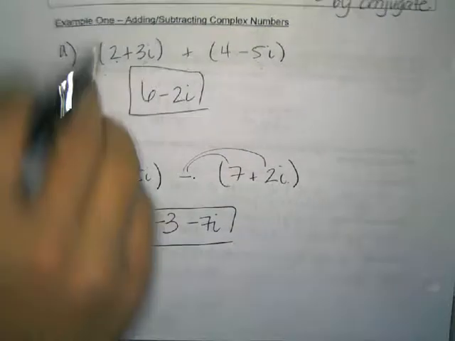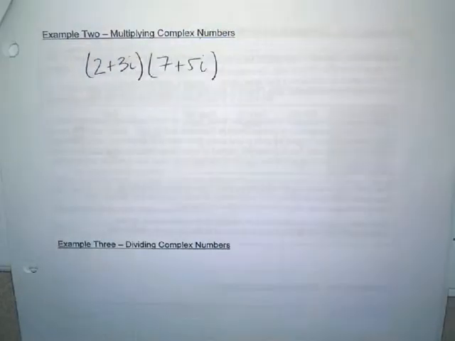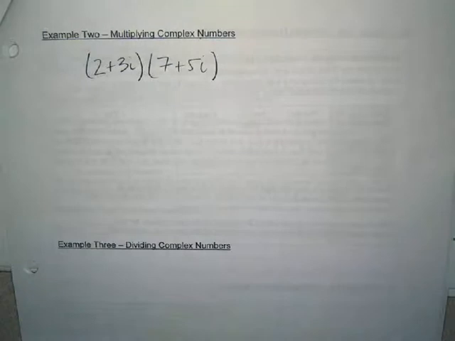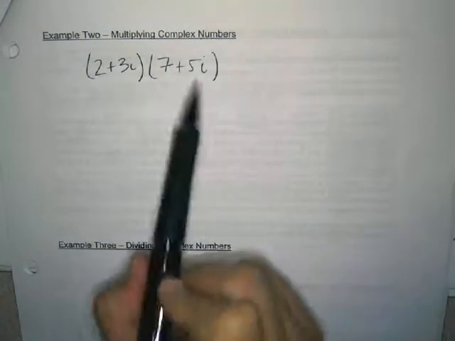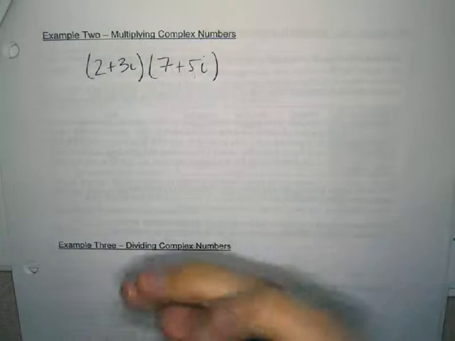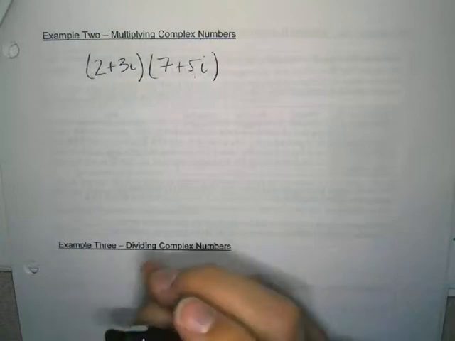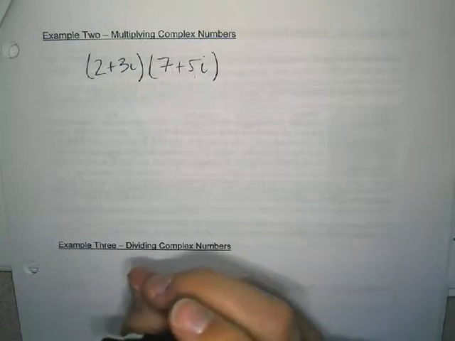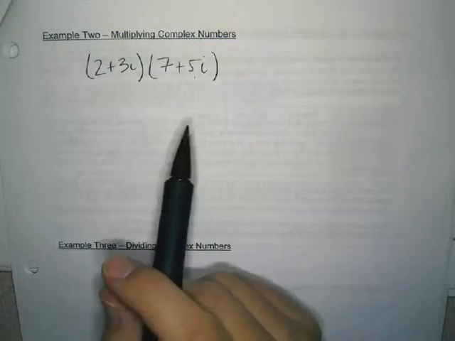Go ahead and flip. For example 2, multiplying complex numbers. Okay, let's look at multiplying these two complex numbers together. You'll notice that these actually are binomials. And I know we haven't really talked about foiling yet, but it should be a concept that you're all pretty familiar with or have seen multiple times, multiple classes before.